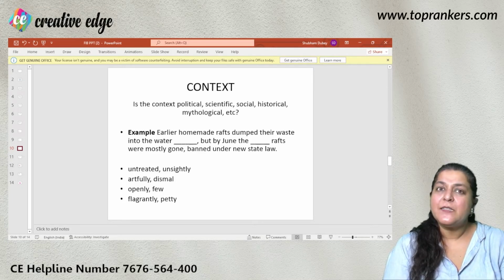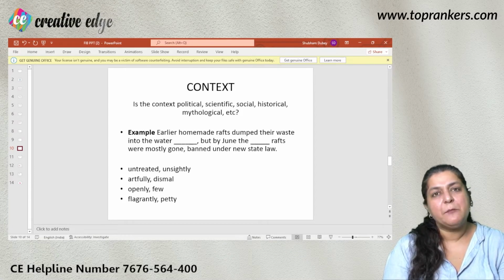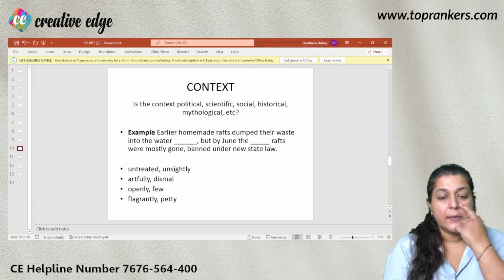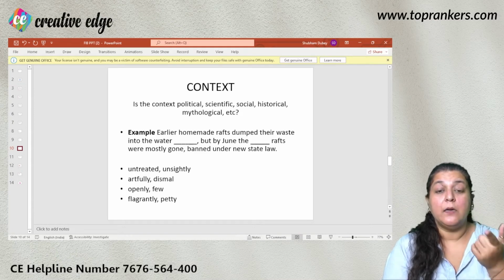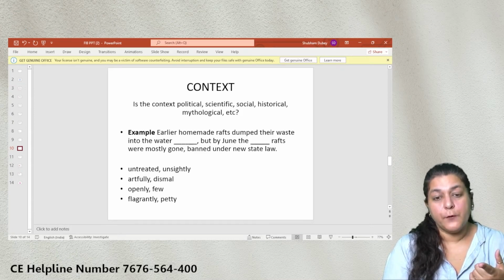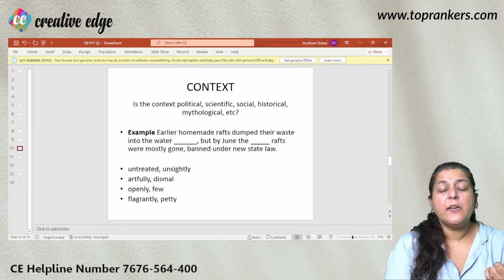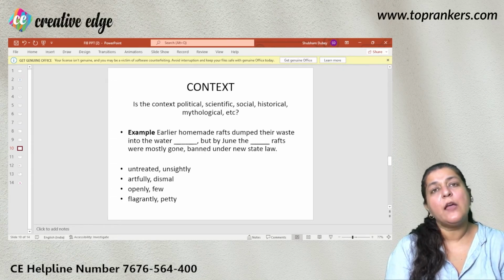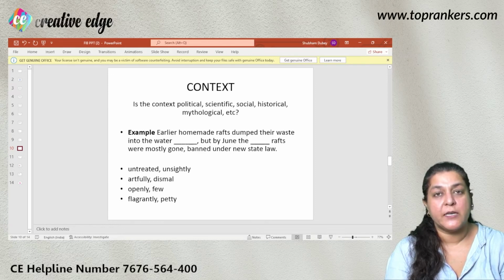So what fits there best would be the last word, that is petty. All right, petty means small. Now in this case, I can eliminate unsightly and few because when they're talking of rafts being mostly gone, I cannot have few and then them being mostly gone, right?